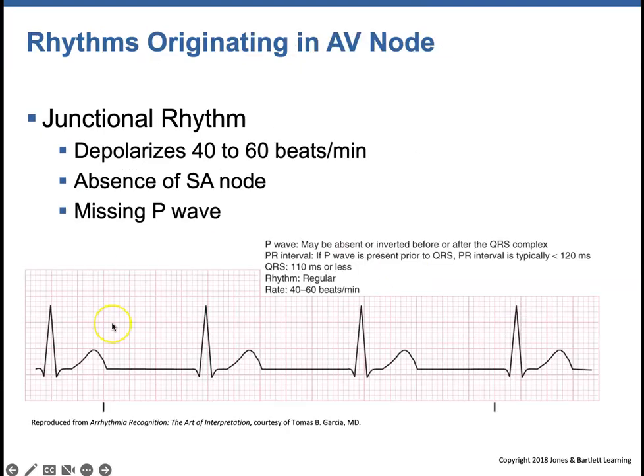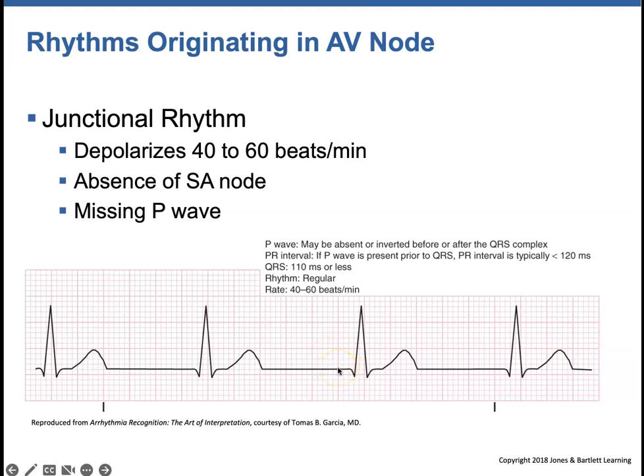Just to show you what a junctional rhythm looks like, there's a variety of these, but you'll note that here, where did the P wave go? It's missing. A real distinct sign of a junctional rhythm is that the P wave is missing. You still have the QRS, you still have the T, but there is no P wave.